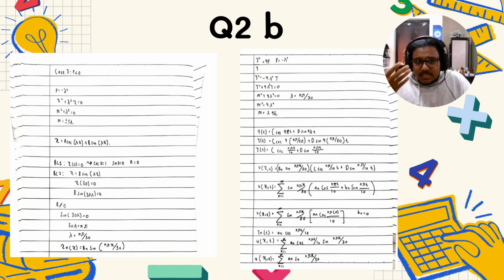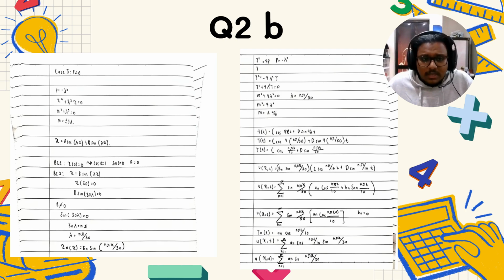Next, we apply our second boundary condition at the other boundary, which is X(30) = 0. This gives us the equation b sin(30 lambda) = 0. To avoid a trivial solution where everything equals 0, we can see that b cannot be 0. Therefore, sin(30 lambda) must equal 0. This implies that the angle 30 lambda must be an integer multiple of pi, or n pi.